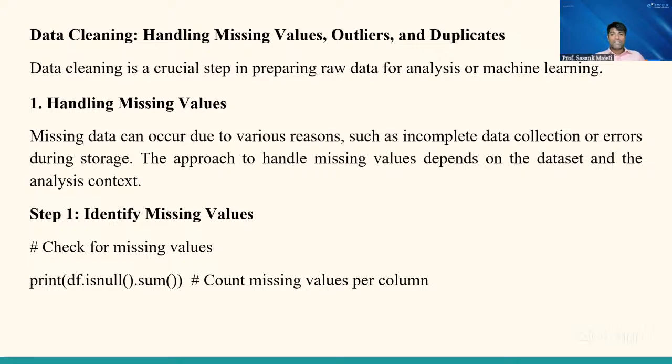Now, let us start by understanding how we implement it in Python. We will implement these in Python, but I just wanted to show briefly how it can be done. We use a very small function called isnull and dot sum, which adds all the null values inside each column and gives you the sum.